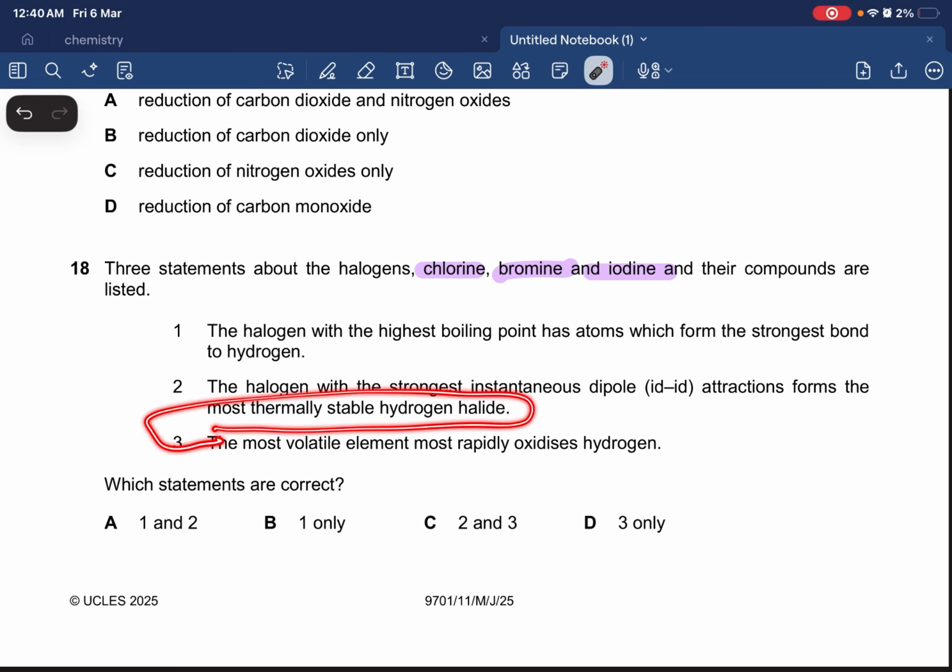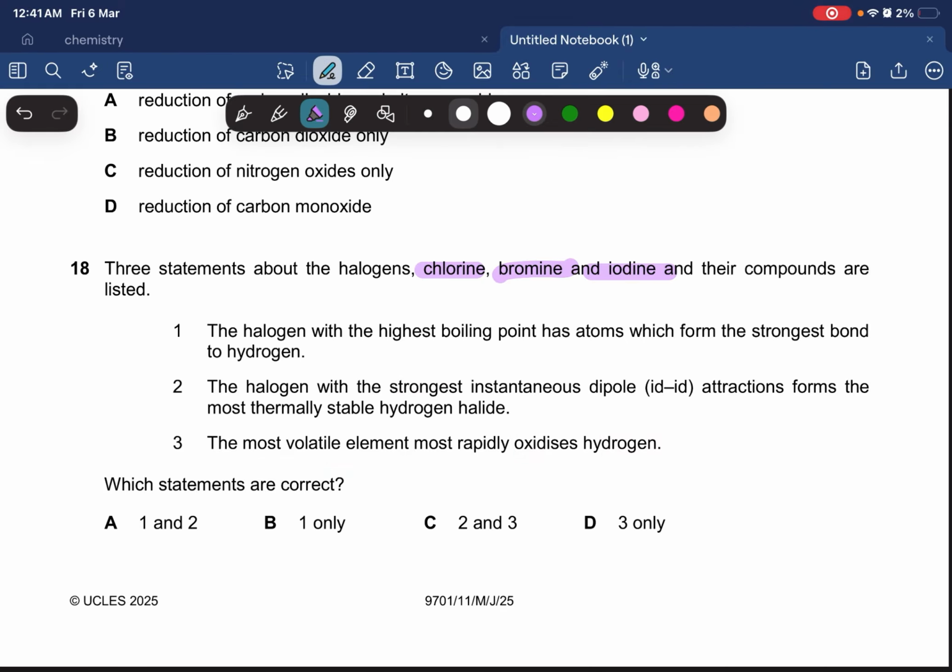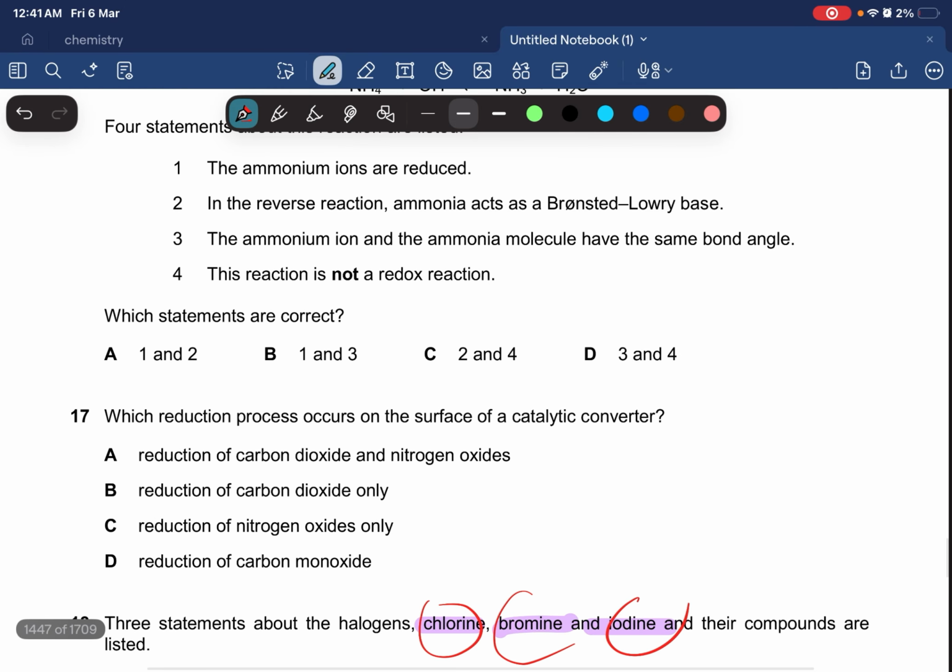That's completely wrong. Why? Because iodine has the strongest instantaneous dipole and it forms the weakest bond with hydrogen. The most volatile element most rapidly oxidizes hydrogen. Oxidize means takes away electrons. The most reactive is going to be chlorine, and chlorine is the best oxidizing agent. Not better than fluorine, but among these 3, chlorine is going to be the best, so it's going to oxidize hydrogen. So 3 only.